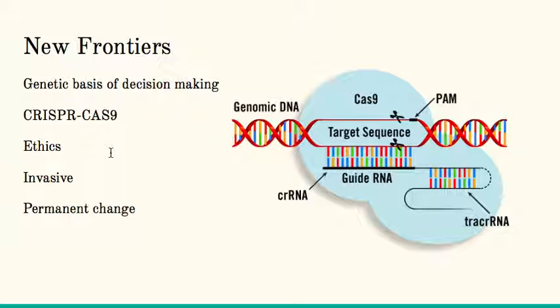This permanently changes the DNA of the subject, and it can change it in whatever way the researcher deems fit. Obviously, this is fraught with very substantial ethical issues, but there is a potential for something like this to take place.